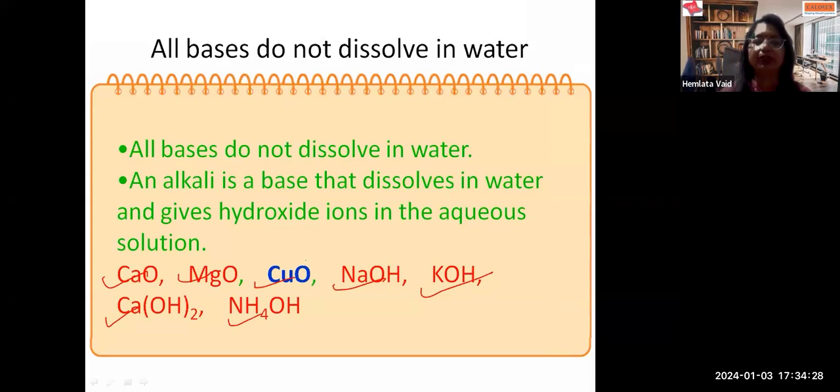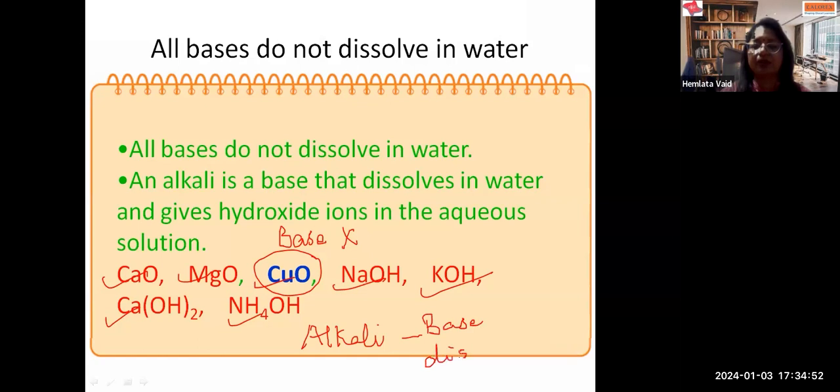Out of all these, one is a base because it will not dissolve in water. All others are alkali because they dissolve in water. So basically the difference between base and alkali is that alkali are those bases which dissolve in water. Okay?